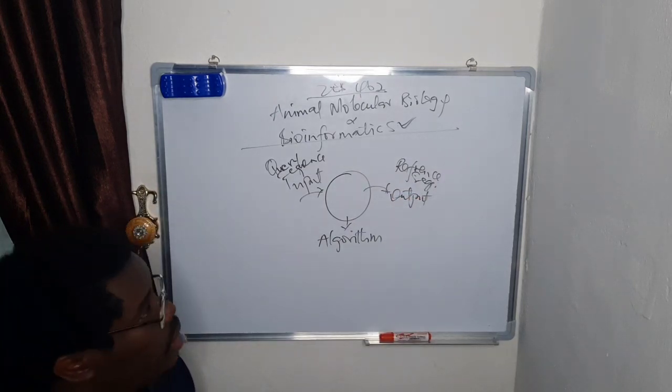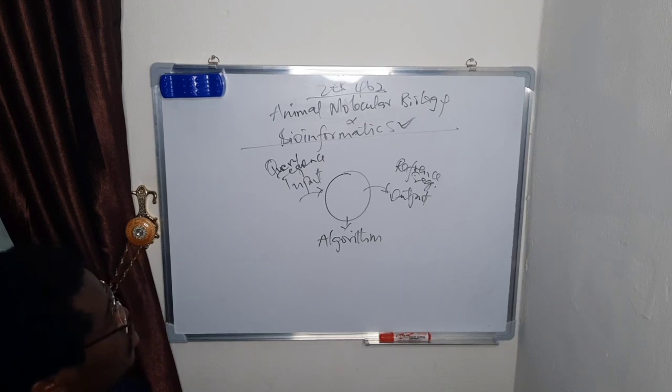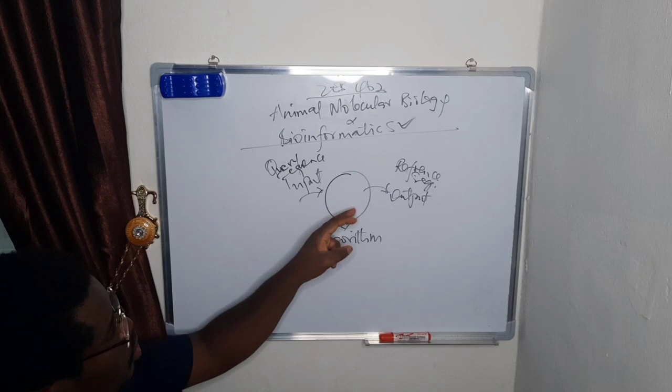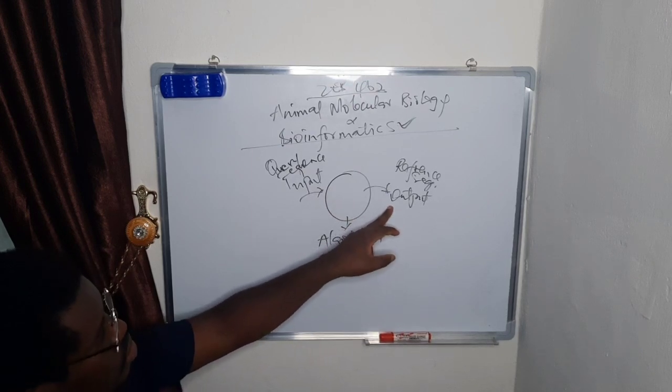Don't write, just look and observe. So what am I trying to say? Just like having your calculator, you press 1 + 1, this is the central algorithm that will produce 2.